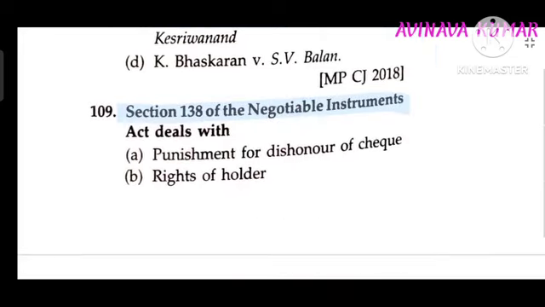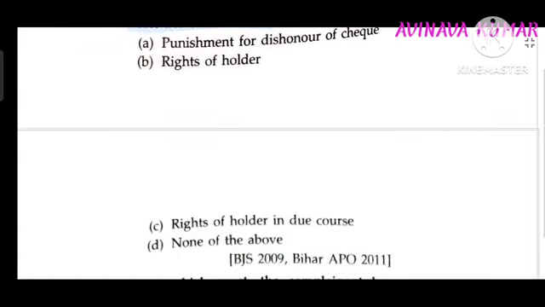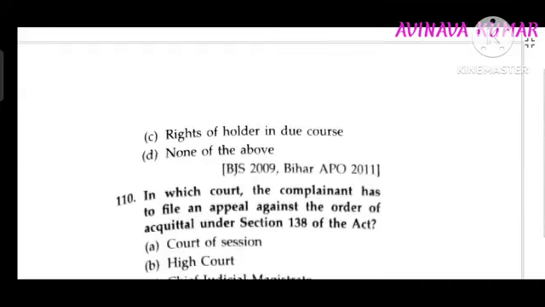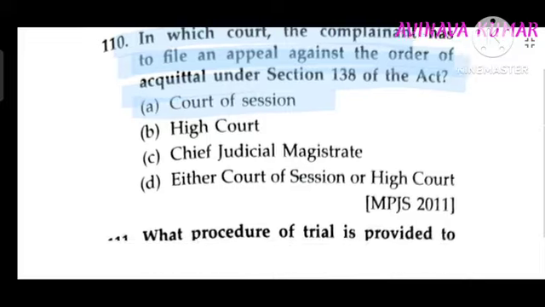Section 138 of NIA deals with punishment for dishonor of check. In which court does the complainant have to file an appeal against the order of acquittal under Section 138 of NIA? Court of Session.